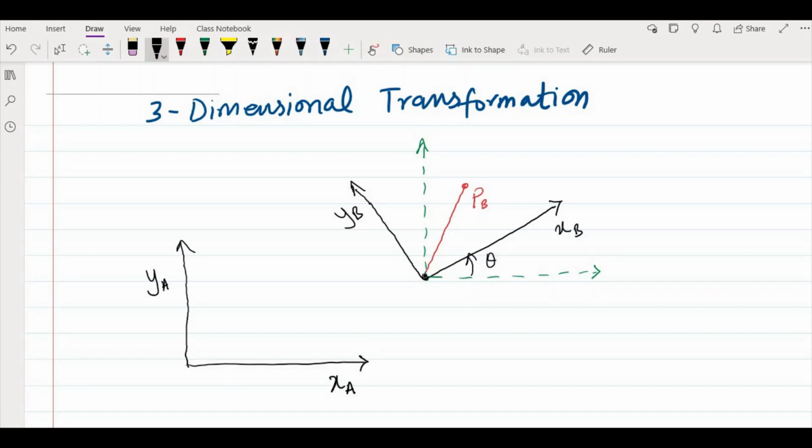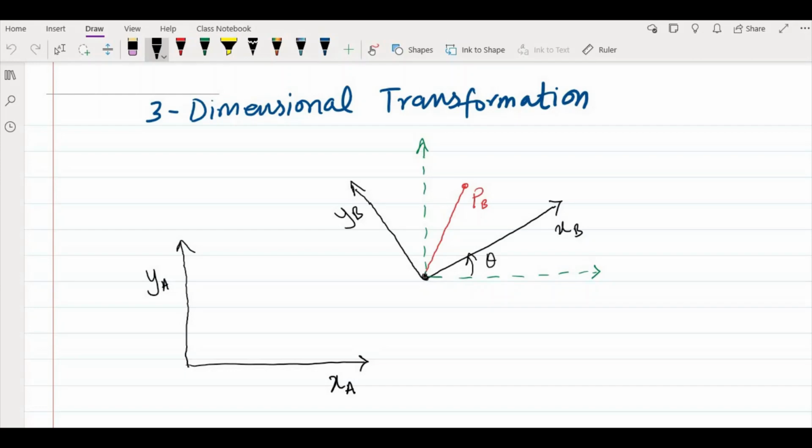What we want is the position of this point P in frame A, which is our reference frame. Now, why do we rotate and translate frames, and why are we interested in finding the position of this point in frame A?